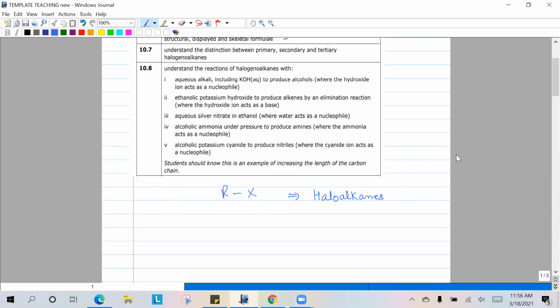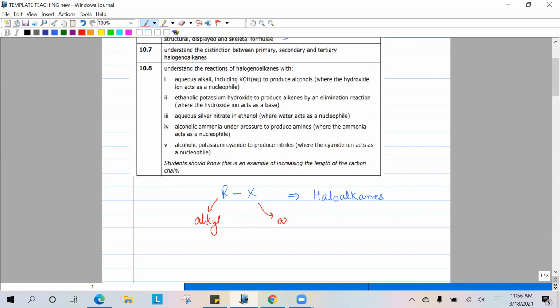So when you say RX, it means haloalkanes, where the group R stands for any alkyl group. Any alkyl means the carbon atoms and so on, which could mean methyl, ethyl, propyl, any groups.